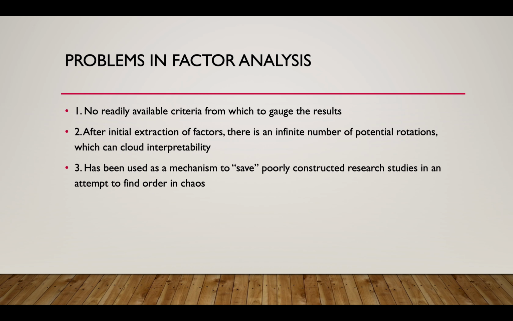So consequently, when we have an infinite number of mathematically identical solutions, obviously people are bound to differ regarding which is best. And you'll see a lot of arguments in the literature about people saying, no, I think a two-factor solution is best, or I think a three-factor solution is best. If you use an oblique rotation, or this type of rotation, or that type of rotation, you find something different.